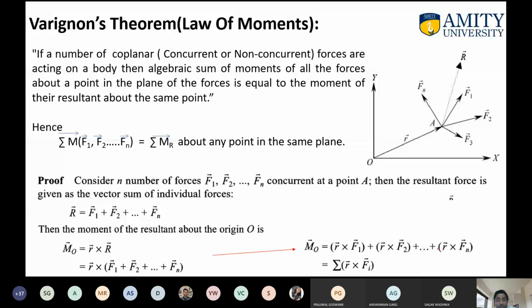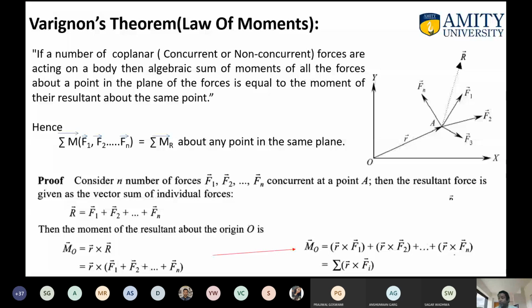You can see here, these are the moments of the individual forces: r into F1, r into F2, plus r into F3, and up to r into Fn. So hence it is proved, or we can say the summation of r vector cross Fi, where i runs over the n number of forces which can be acting on any body. So this is the proof, and this is a very simple proof.